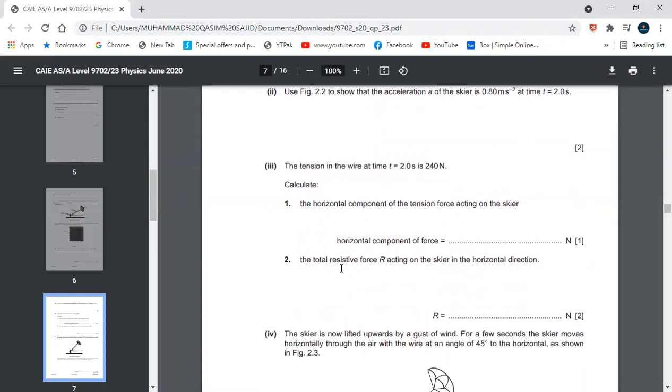The second part is the total resistive force acting on the shaker in the horizontal direction. So we have to find the reaction in the horizontal. The total reaction must equal two things. First, the horizontal component of the force, that is basically 211 point something, I am taking 211.